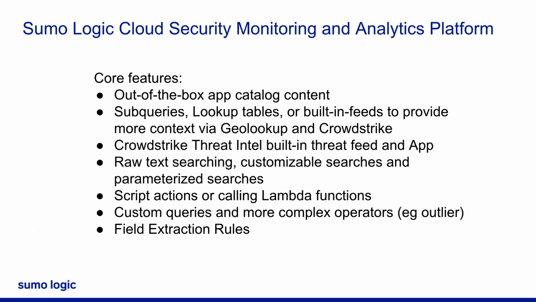We have the ability to use subqueries to return information to the main query, and lookup tables where you can import your own data, so you can incorporate specific items from external sources into your security queries. Also built-in feeds provide context for things like geo lookup and CrowdStrike. CrowdStrike threat intel is provided as a service in here as well. There's a built-in threat feed and an app for that. We can go into that if some of you want to see it.